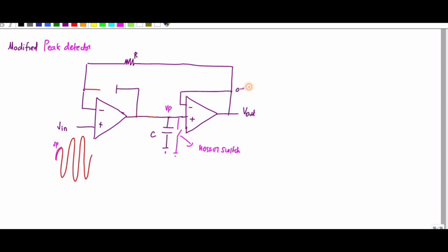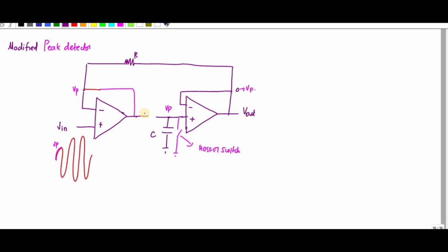So if this is VP, this point is also VP, right? This diode becomes short circuited because this is positive compared to this one. Now the signal starts to decrease, so the plus value is less than the minus value. So this diode becomes open circuited, right?